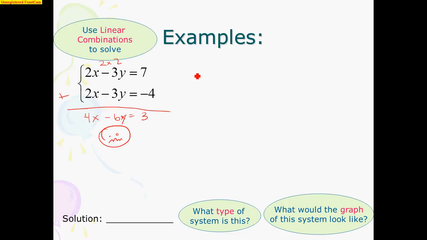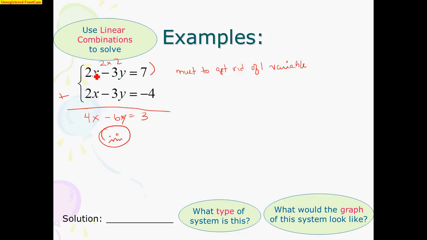Watch this magic. I'm going to multiply to get rid of one variable. So I choose to multiply the first equation, of all the numbers in all the world, by negative 1.